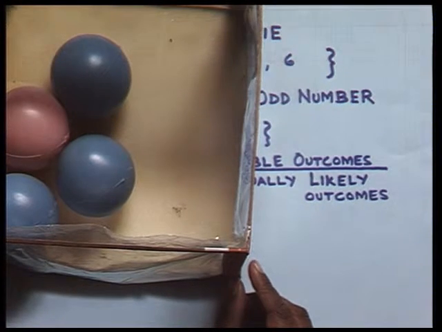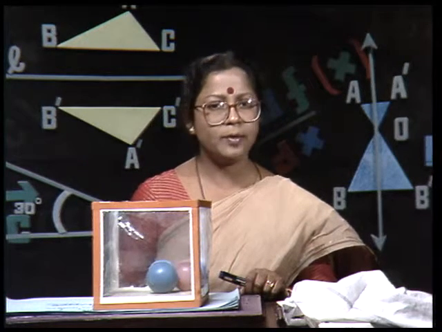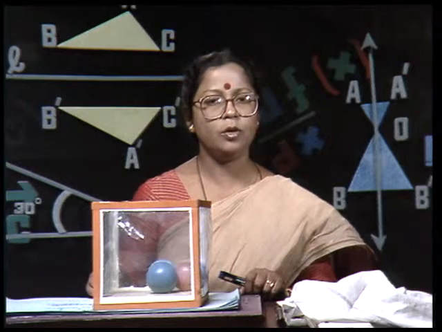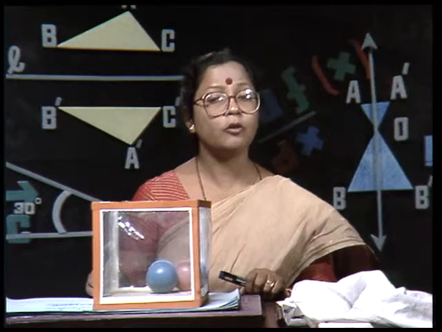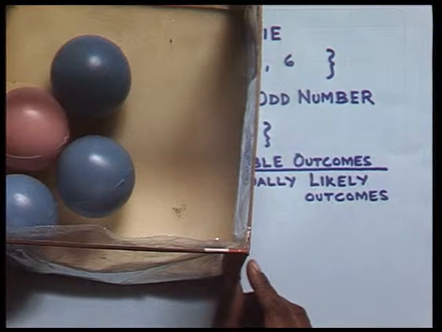So, the favorable outcome will be only 1. This gives the probability of picking up a pink ball from this container as 1 upon 4, which is a much smaller fraction than the original probability, that was 1 upon 2.